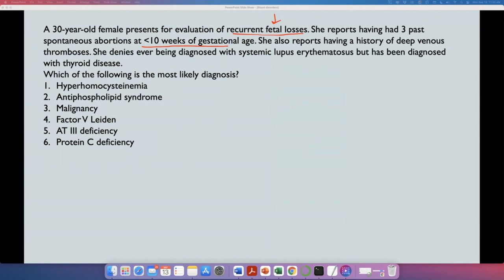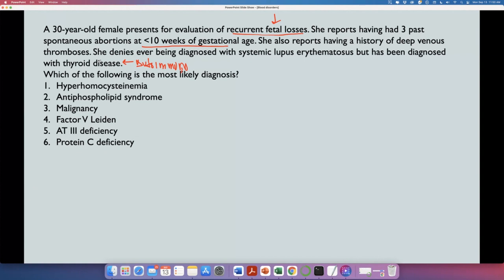And she also has a thyroid disease that we can suspect is autoimmune. Why? Because it's the most common cause of thyroid disease in the United States. Autoimmune thyroiditis, Graves' disease or Hashimoto thyroiditis.